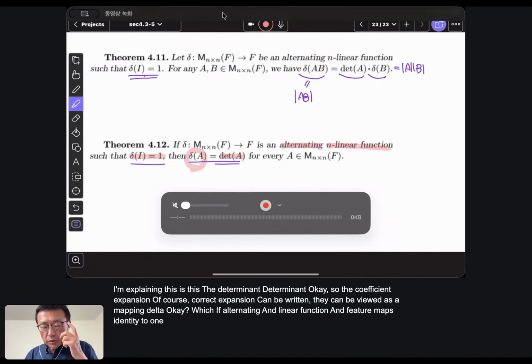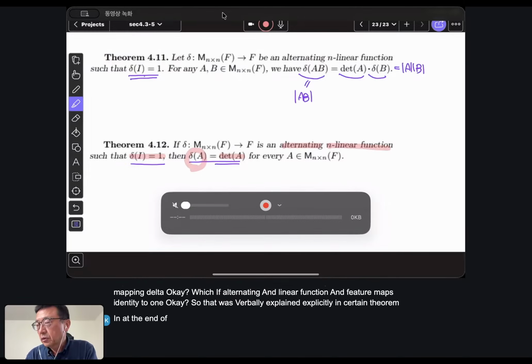Okay, so that was explained explicitly in a certain theorem at the end of, I think, section 3. So we considered this delta previously, right?